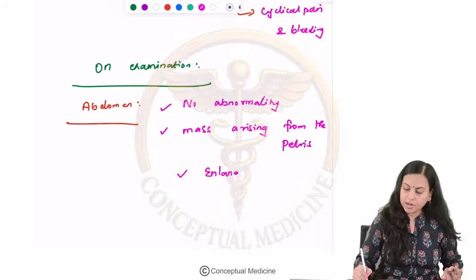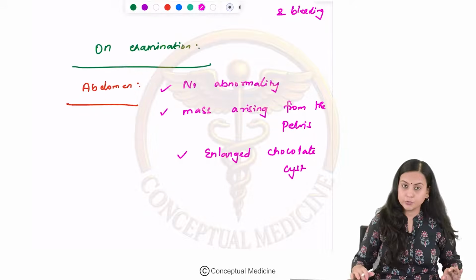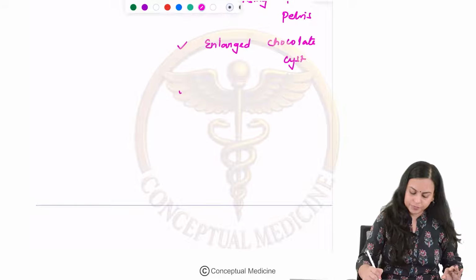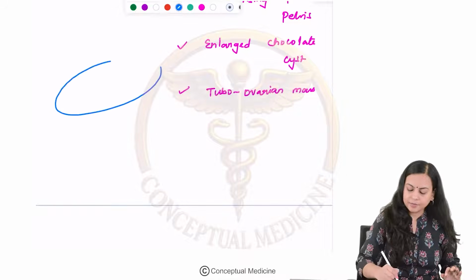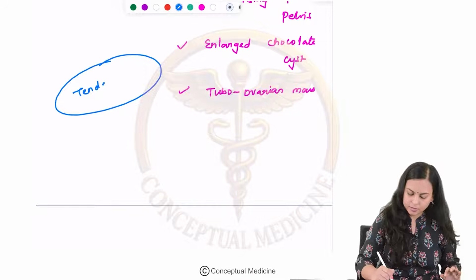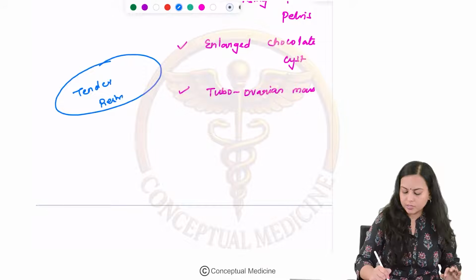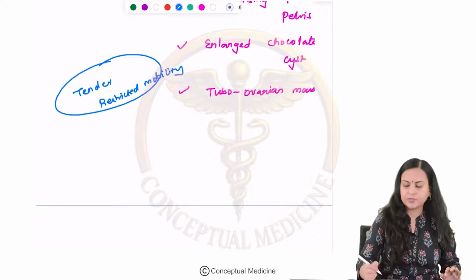There can be an enlarged chocolate cyst presenting as an abdominal mass. There can be formation of a tubo-ovarian mass, and the mass can be tender as well as with restricted mobility.